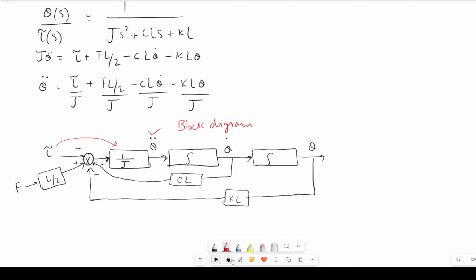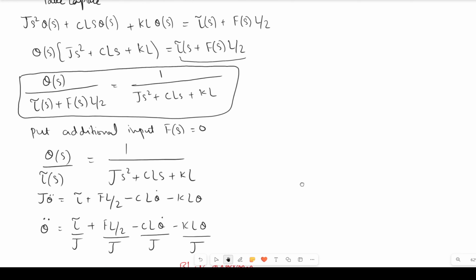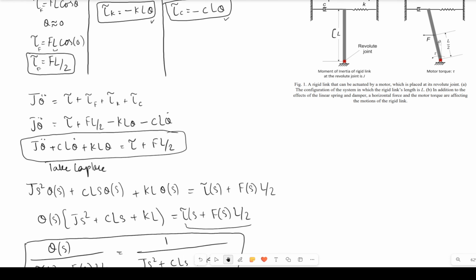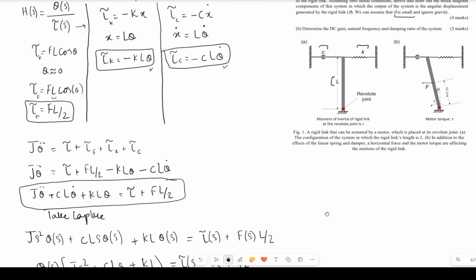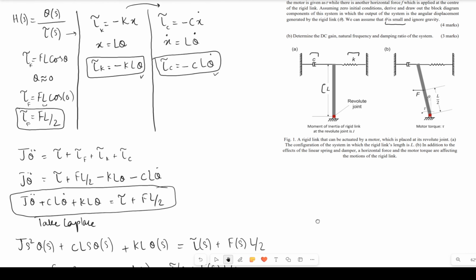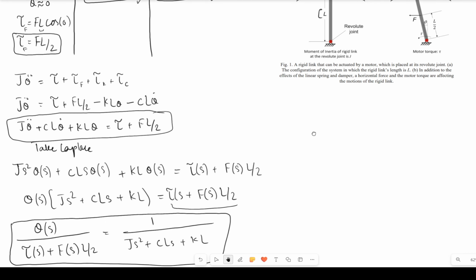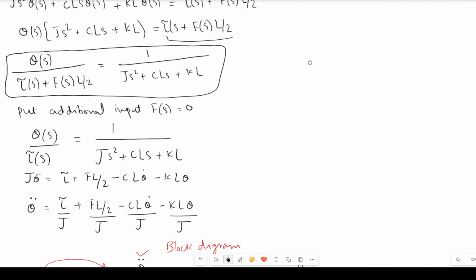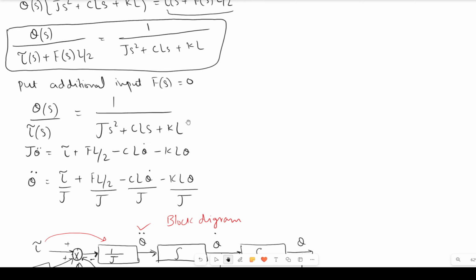Now we move on to part B, in which we need to find the DC gain, natural frequency, and damping ratio of the system. So we'll use this transfer function for these calculations.